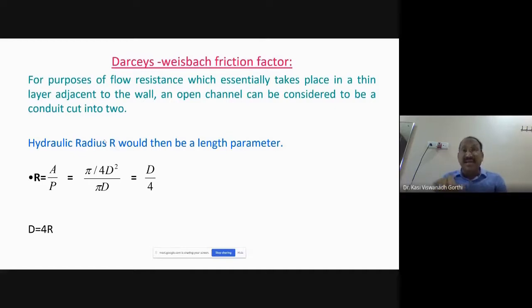Then what is CD there? CD is the coefficient of discharge. If you try to find its dimensional formula, CD is equal to Q by A root 2GH.